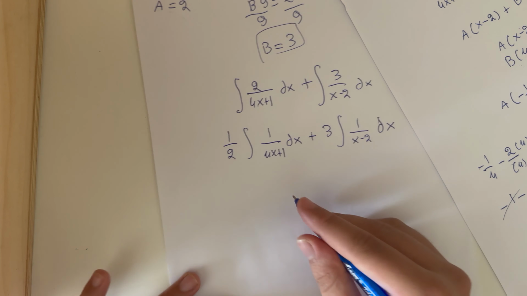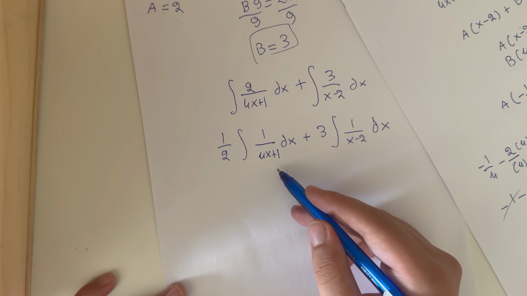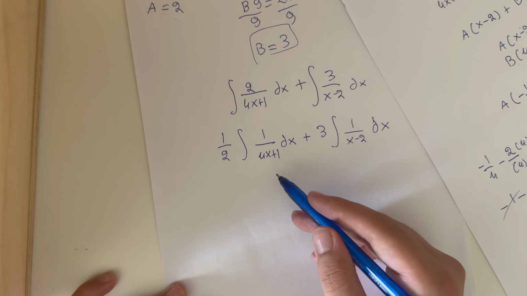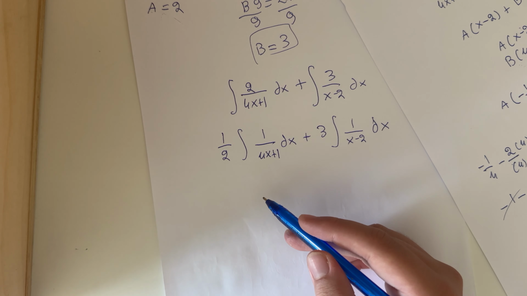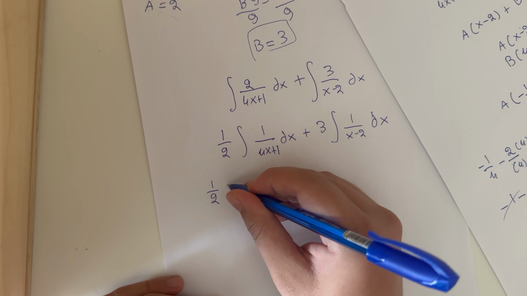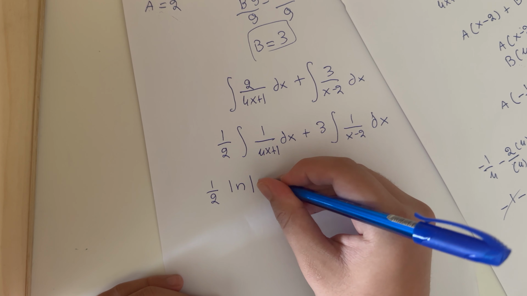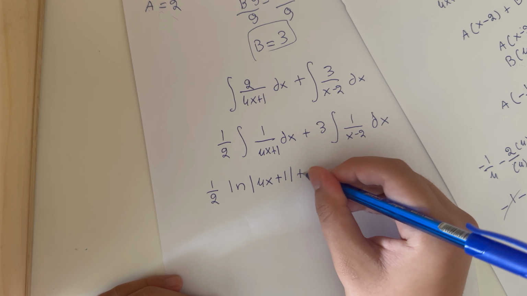So now all we do is evaluate. I note that the integral of 1 over x is the natural log of the absolute value of x plus a constant C. So here I'm going to have 1/2 times the natural log of the absolute value of 4x plus 1, plus C here.